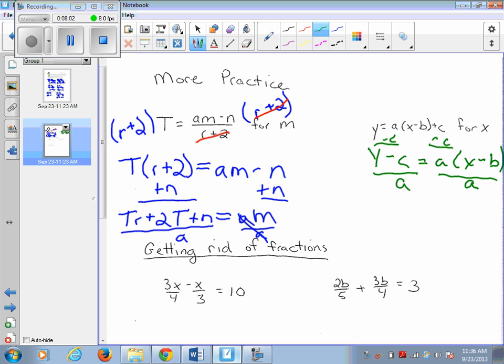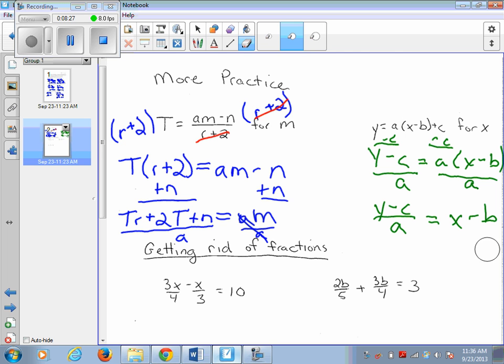because we are doing the opposite order of PEMDAS, if you remember that, the SADMEP. So we're going to do the multiplication before the parentheses. So we have y minus c divided by a is equal to x minus b. So the last thing we need to do is add b to both sides.